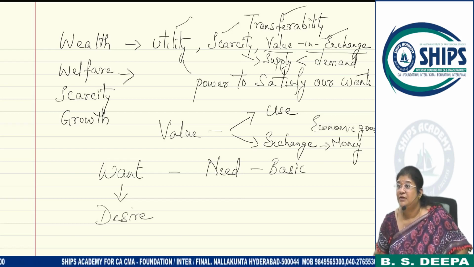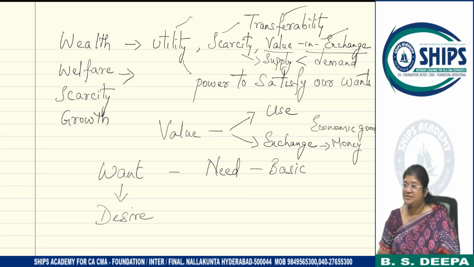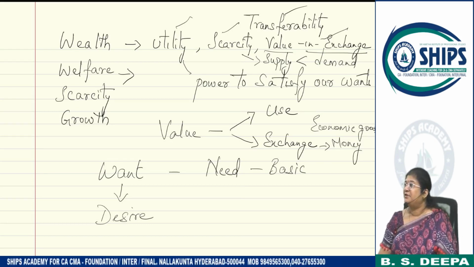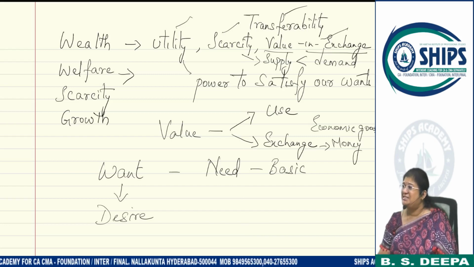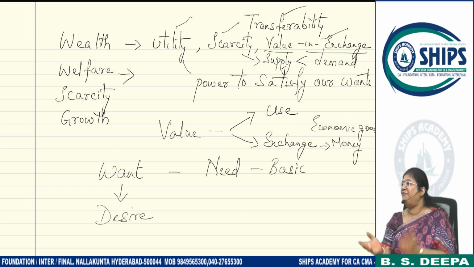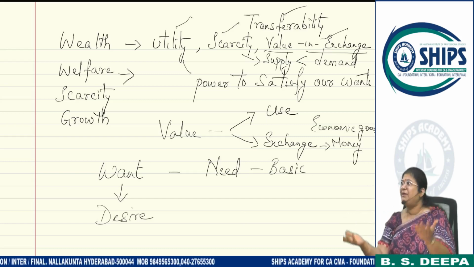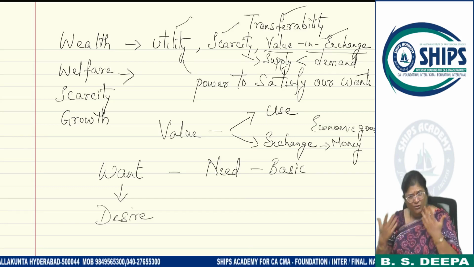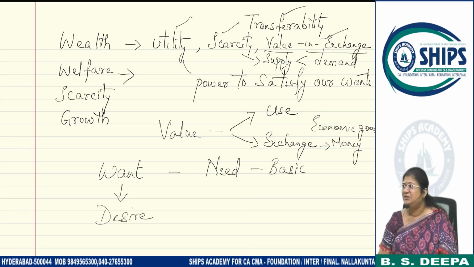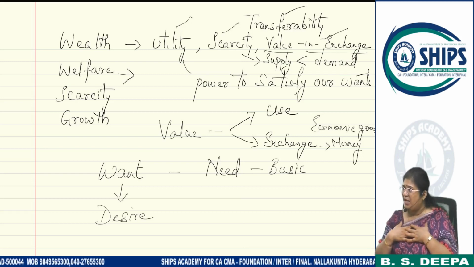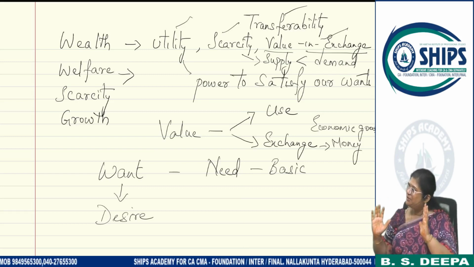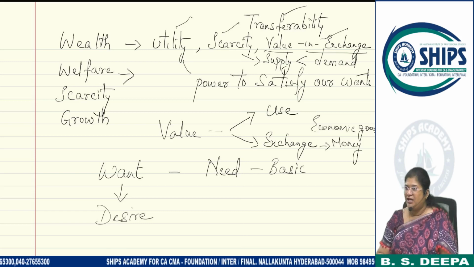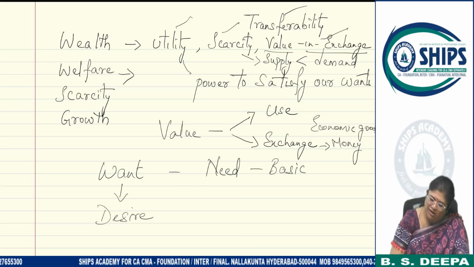State of happiness. Welfare is a state of happiness. Government wants to look after the welfare of people. It wants to make the people happy. I want to look after the welfare of my family. I want to make them happy. I am looking after my well-being. Being well means being happy. Okay, so it's very simple. Welfare is the state of happiness.